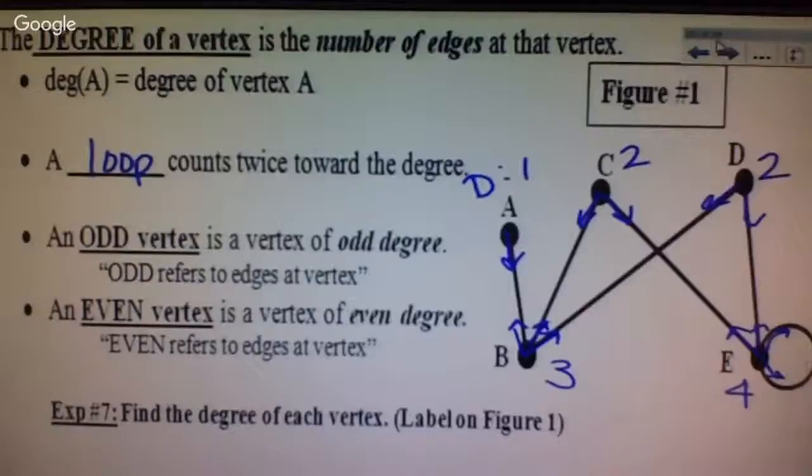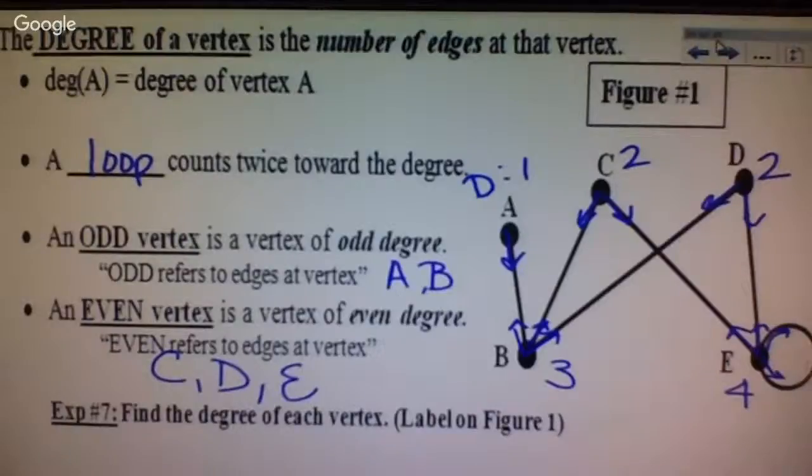We've got odd degrees and even degrees. If it's an odd degree, that means it's a degree of an odd number. So what are my odd degrees in this picture? A and B. A and B have odd degrees, a degree of 1 and a degree of 3. Your even degrees have even numbers.